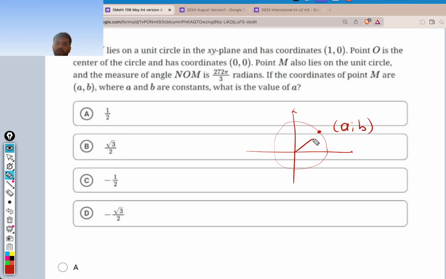This is AB and this is unit circle. It means that is 1. Okay, look this triangle carefully. Let's say it is alpha. So if we want to find sine alpha, it will be equal to opposite A over 1. So it is A. Cosine alpha will be equal to B over 1 because it is B and it is adjacent. So it is B. From here we can find our answer.